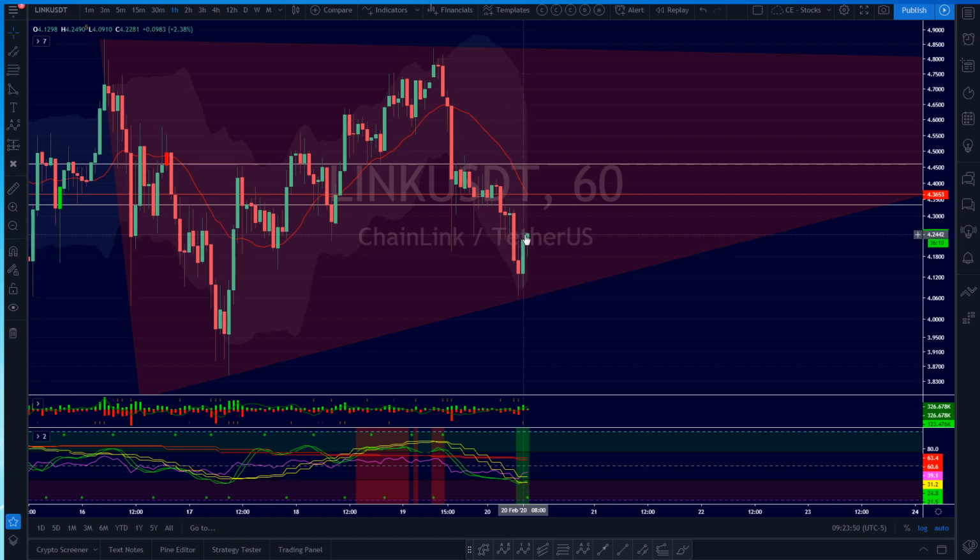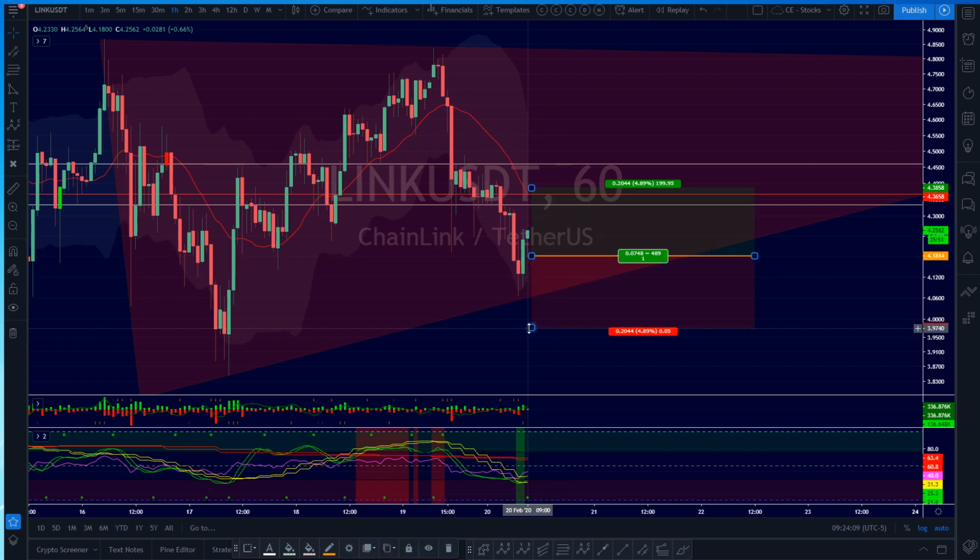So, buying down here between $4 and $4.25, you've got a pretty high probability trade that you could be breaking to the upside. Now, your stop loss is going to be right here at $3.84. So, I wouldn't say buy now. I would say, try and catch this a little bit lower. Have the stop loss down here, which is an 8% loss. It's pretty hefty.